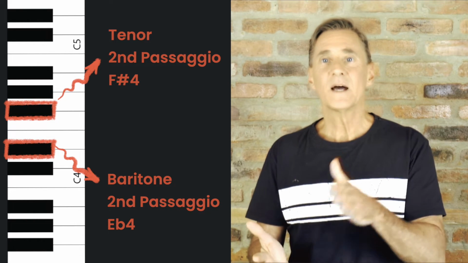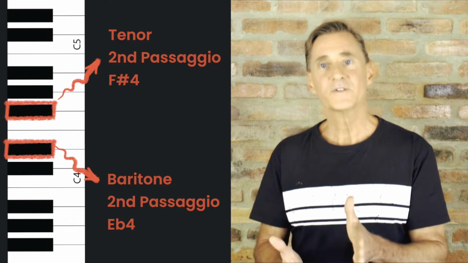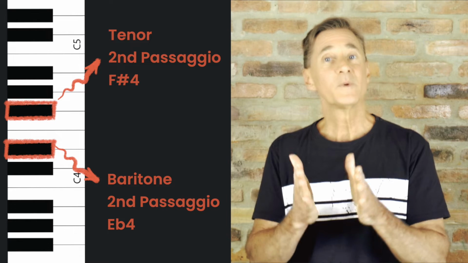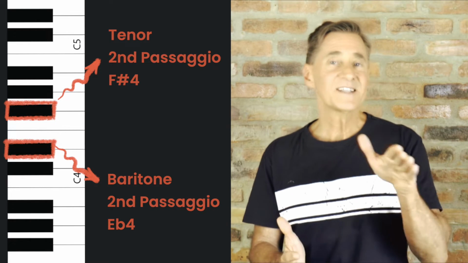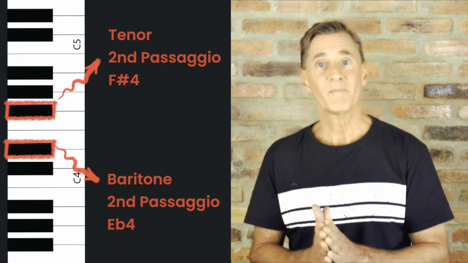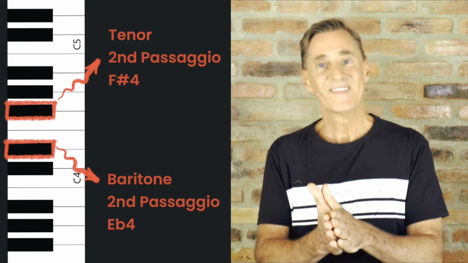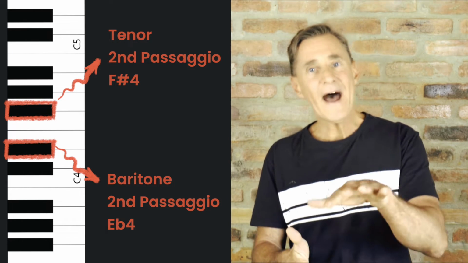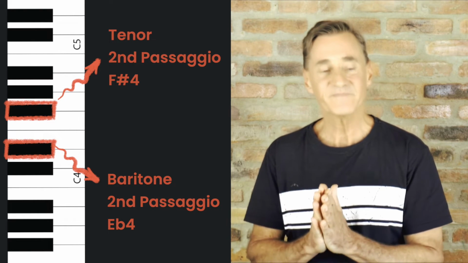And you go a few steps down from there and you're looking at the E flat 4, also the D sharp 4, which would be the baritone's main passaggio. This is a tricky part, because that same note, the D sharp, the E flat, that black key, is also the first passaggio for the tenor. But it's an easier passage to get your voice through before the second passaggio, which is more difficult.